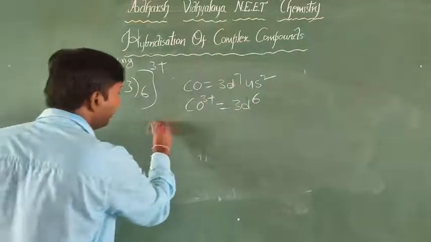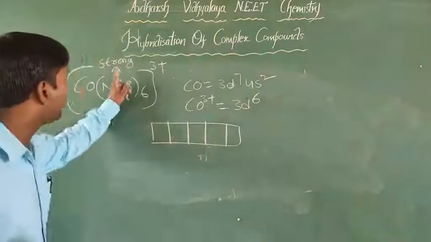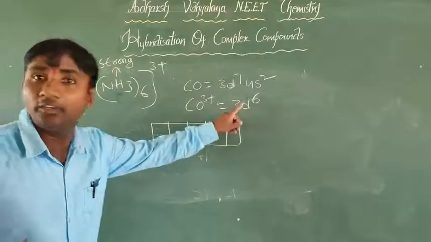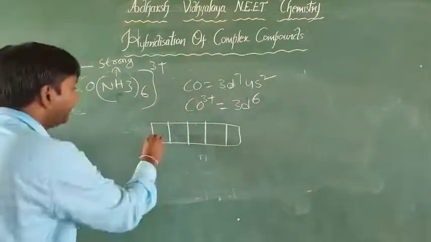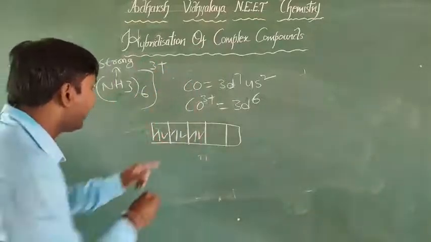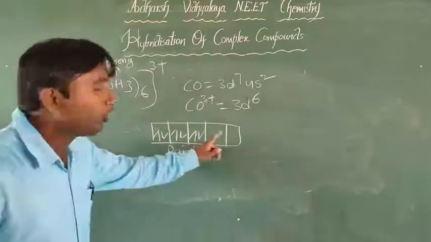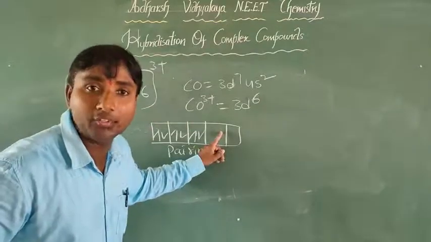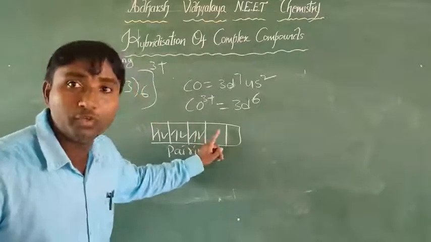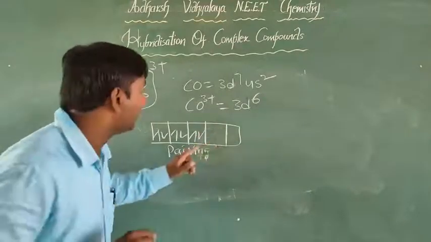Now here the d subshell has 1, 2, 3, 4, 5 orbitals. In the presence of a strong ligand, electrons undergo pairing, that's why 1, 2, 3, 4, 5, 6. Pairing takes place. Now we have 2 vacant orbitals. These 2 vacant orbitals are involved in hybridization.